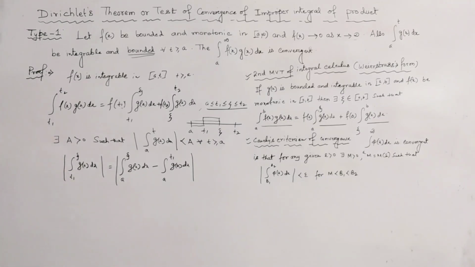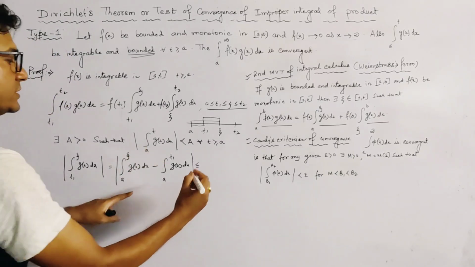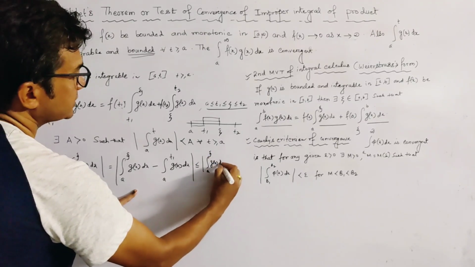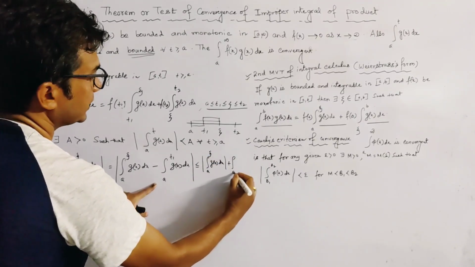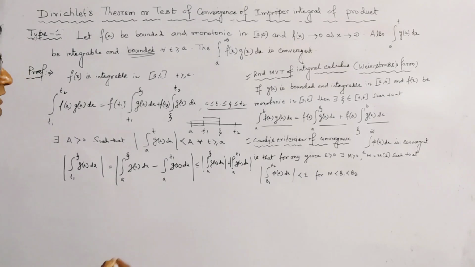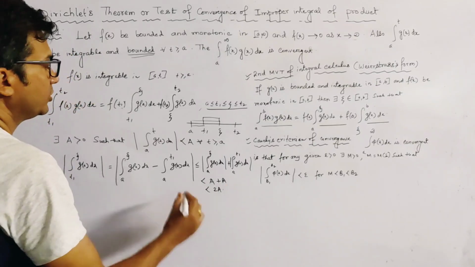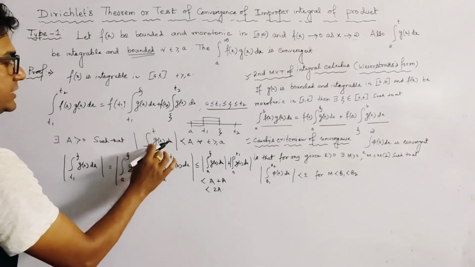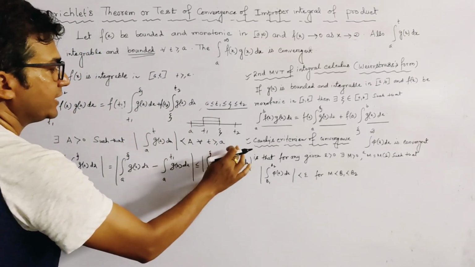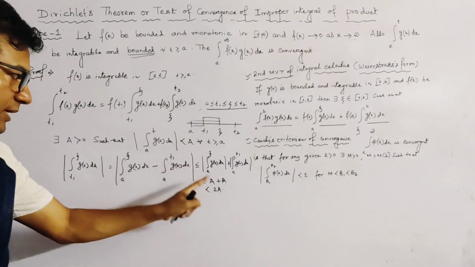We need this integration, and we use the formula of modulus. This is less than or equal to the modulus of integration a to xi g(x) dx plus the modulus of integration a to t1 g(x) dx, right? And this is less than A plus A, that is less than 2A, because the modulus of integration a to t g(x) dx is less than A for all t greater than a. Here xi and t1 are both greater than a. Okay, we use this result here.